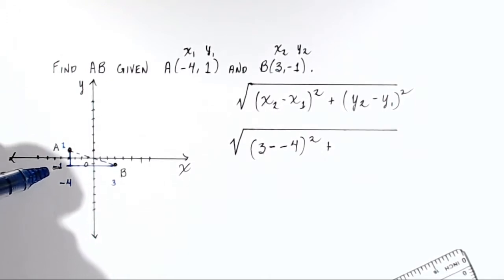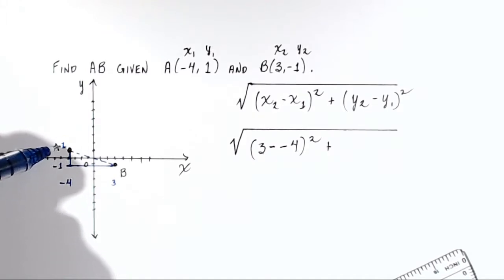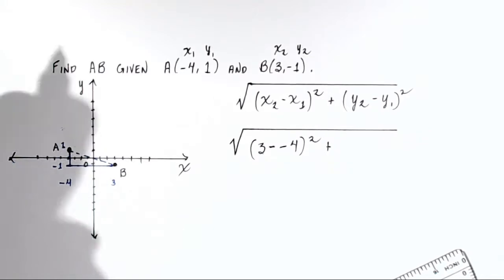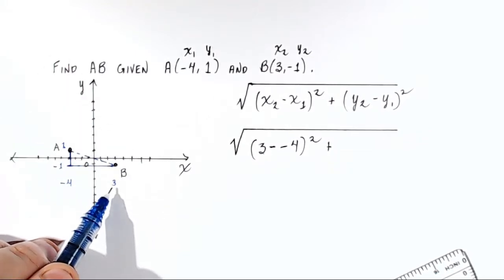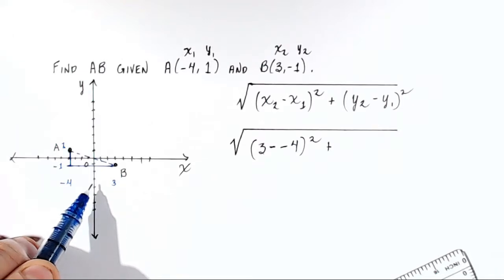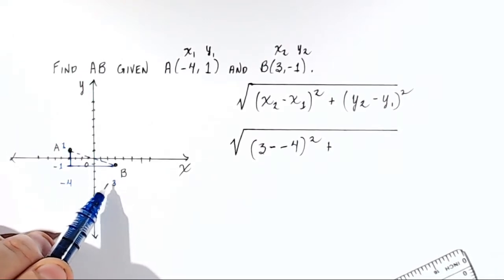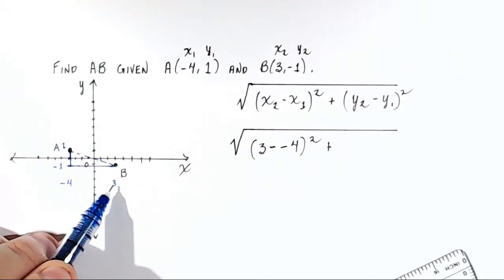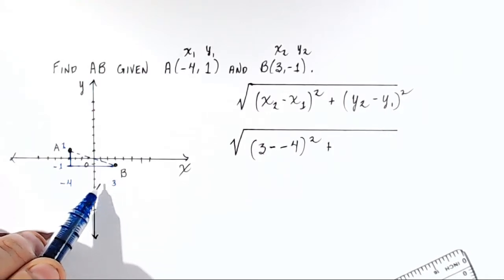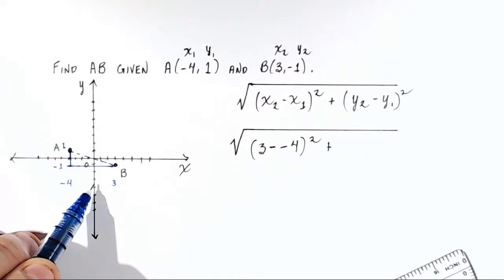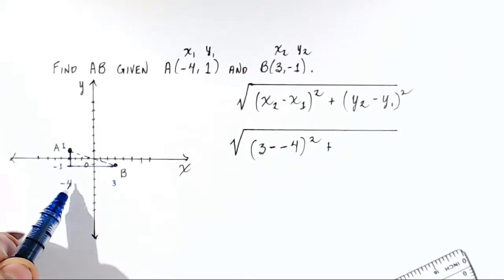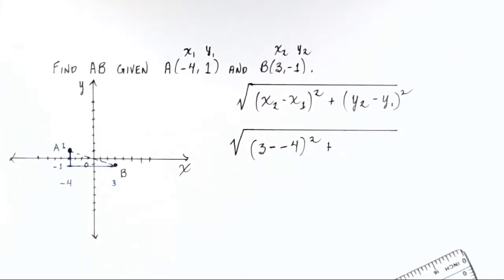We'll just count up from negative 1, so 0, 1. So 1 hop, 2 hops. So the absolute difference here is 2. The absolute difference along the x-axis is 1, 2, 3, 4, 5, 6, 7 hops.